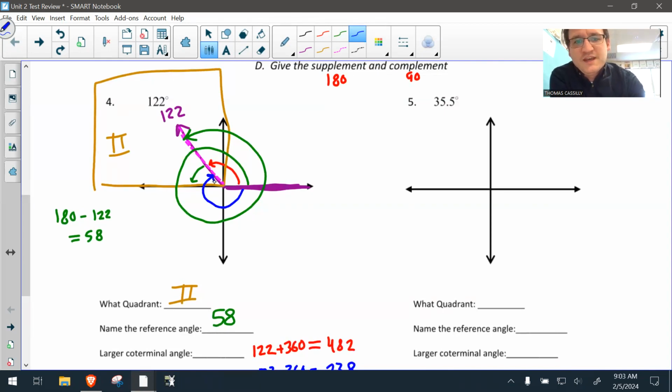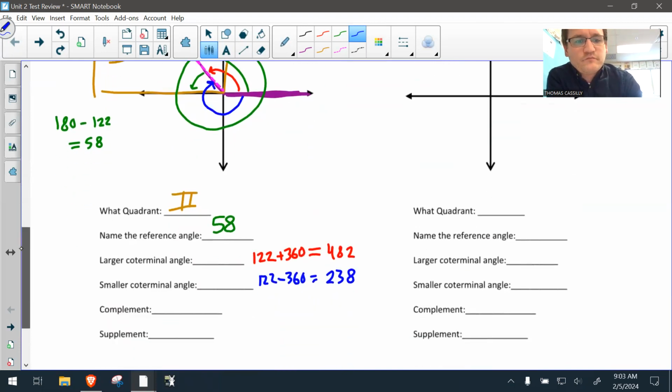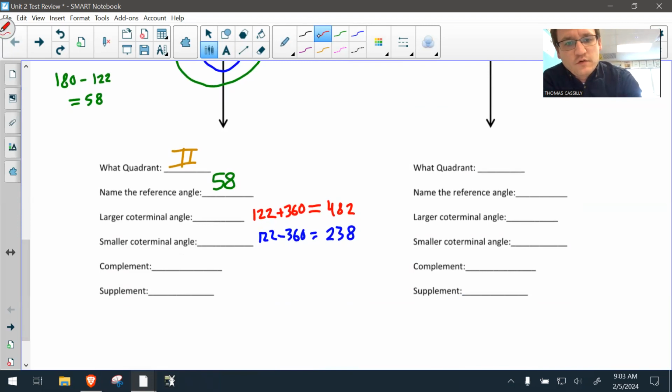We are making a negative angle, and it still hits that same terminal side. So the larger coterminal angle is 482, and the smaller one is negative 238. You can add 360 again and again and keep spinning around, but if they just want the next larger one, that's fine.